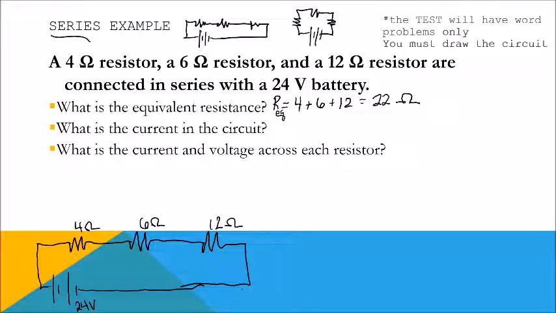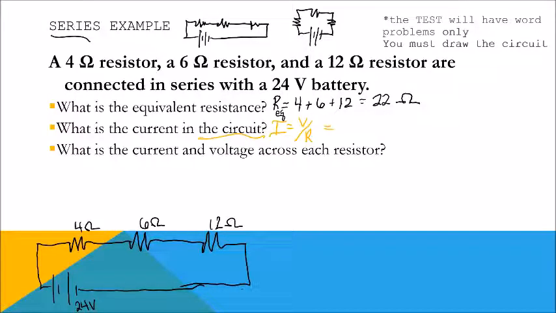What is the current in this circuit? And like I said on the previous slide, current remains the same throughout the circuit, but that's not useful information for solving in this situation. So in order to solve for the current, we need to take the voltage of the circuit and divide by the resistance of the circuit.